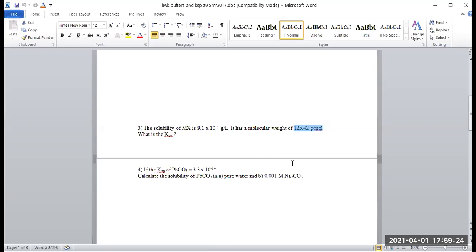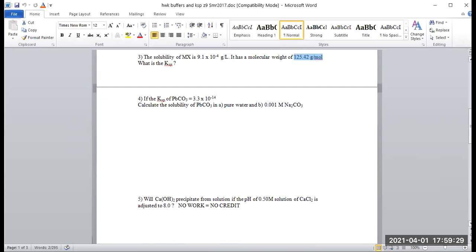Figure out what your Ksp is. We've got Ksp in pure water, meaning it has no common ion. But then I gave you a second part where it does have a common ion. You will not get the same solubility for A that you get for B. Or you shouldn't, but let's put it that way.